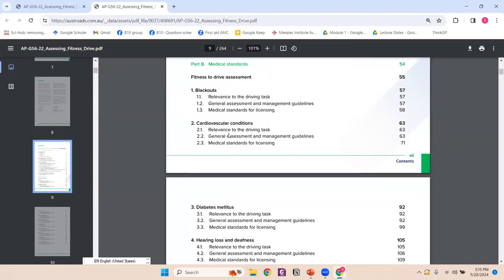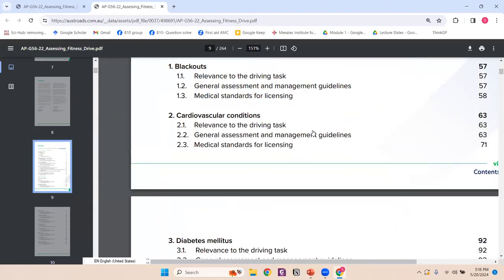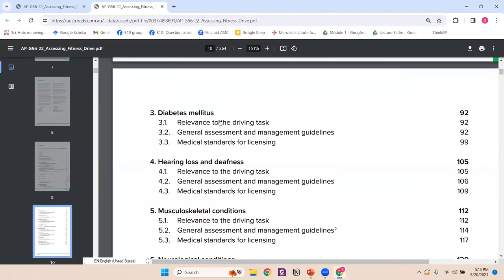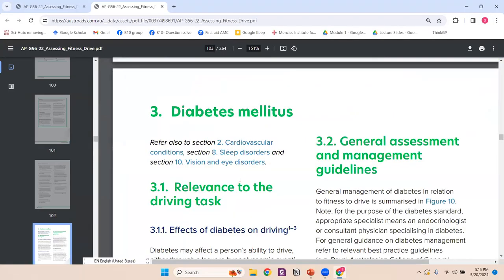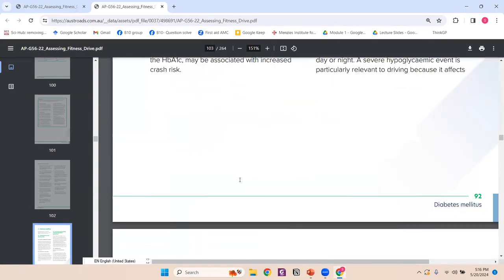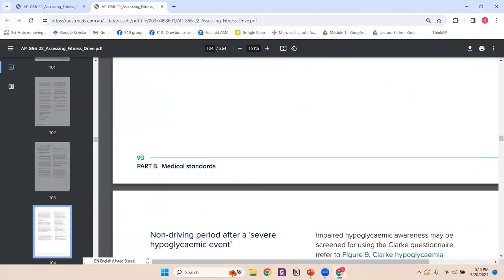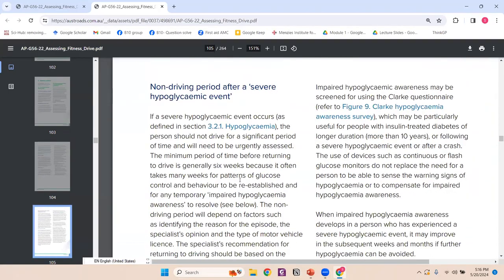So you can see, let me zoom it. You can see different conditions here. For that, you have driving recommendation. Now for diabetes mellitus, now here this patient has had a hypoglycemic event. Now this hypoglycemic event is a severe one or major hypoglycemic event. We call it a major hypoglycemic event because the patient has needed the help of another person to recover from this hypoglycemic effect.